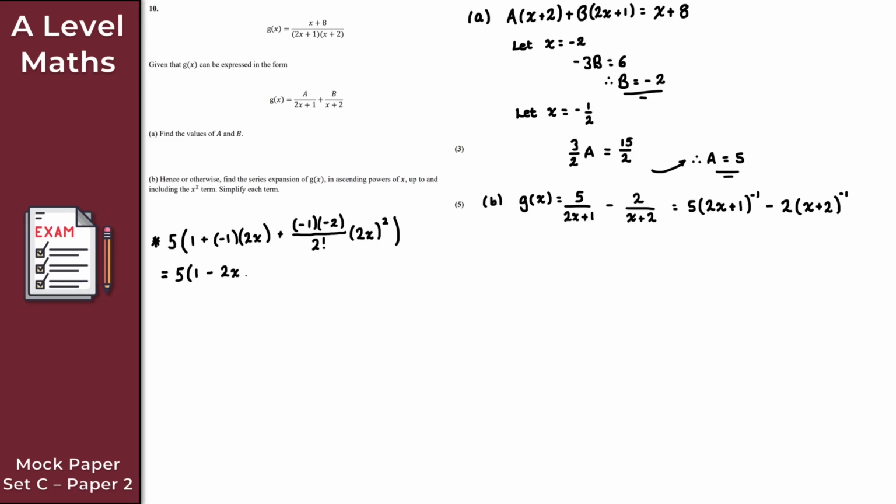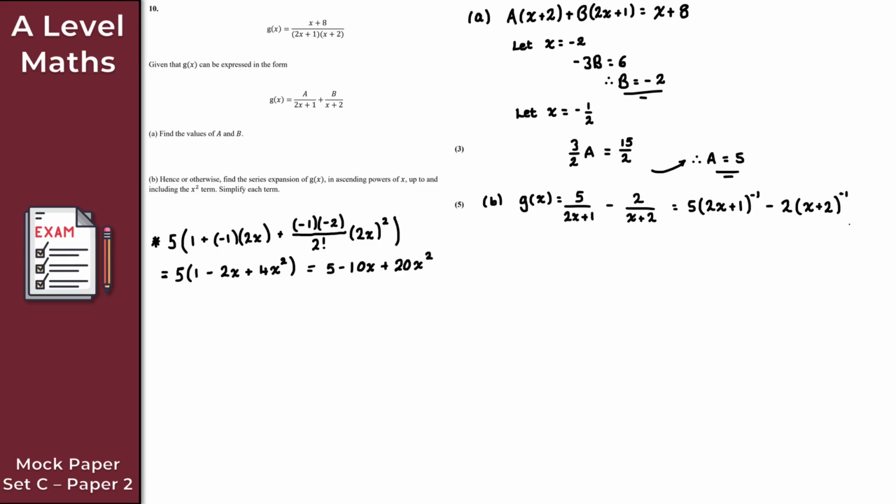Okay, so we get 1 minus 2x plus 4x squared. So if we now times through by the 5 on the outside, what we get then is 5 minus 10x plus 20x squared. Perfect. Okay. So that is the first series expansion there.